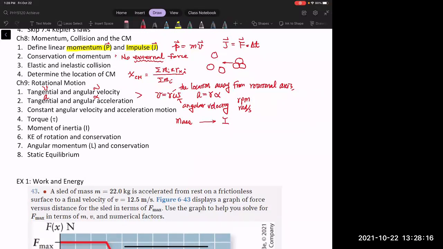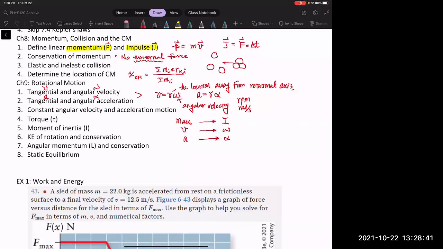Okay, so if you have a velocity in the linear motion, in a rotation it will become omega, which is angular velocity. If you have acceleration in a rotational field, this one will be alpha. Okay, these are the symbols that we use to represent their quantity.